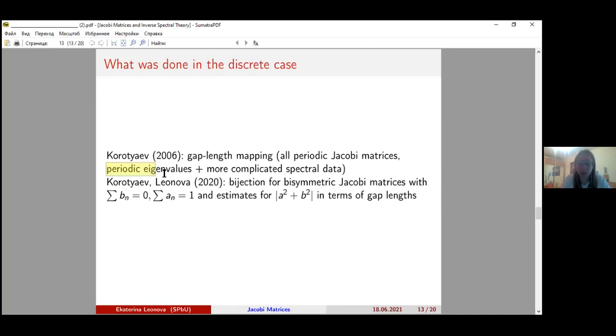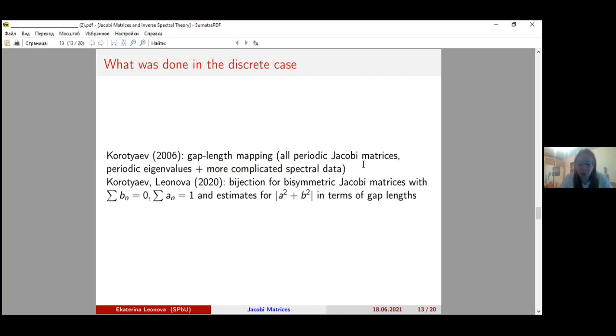It's not only the periodic eigenvalues, it needs one of those two eigenvalues I was talking about earlier. It needs some special eigenvalues and some more complicated spectral data. It needs signs, square roots and other things. So it's there, but it's not really useful because it's too complicated.